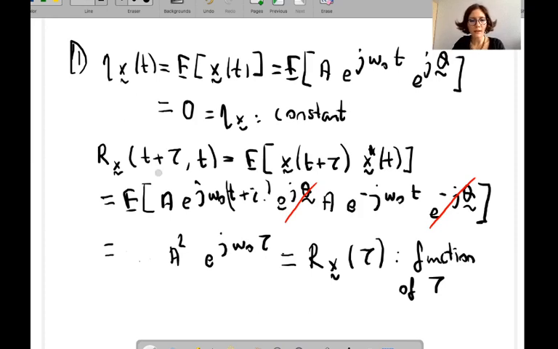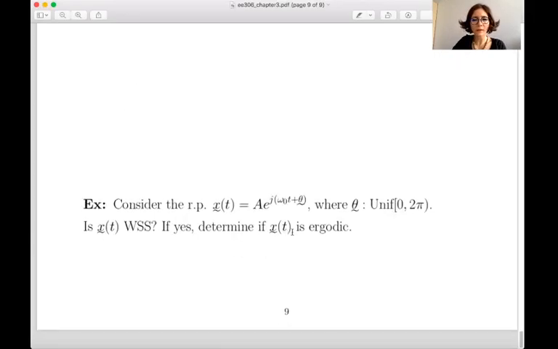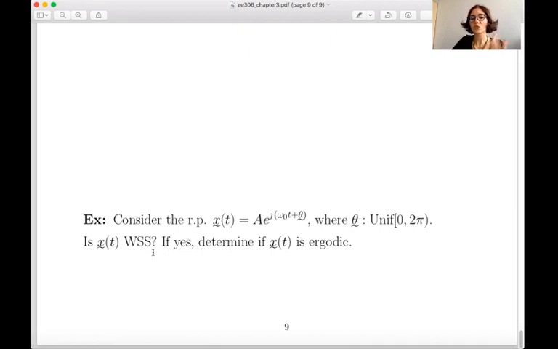So we conclude that the process is wide-sense stationary. So x of t is wide-sense stationary. Now, in the rest of the question, we were asked whether this is wide-sense stationary? Yes, as we showed. And the next part is to determine if x of t is ergodic or not.